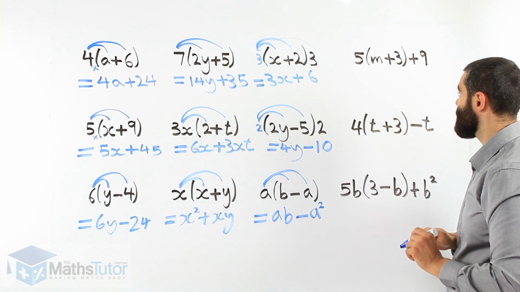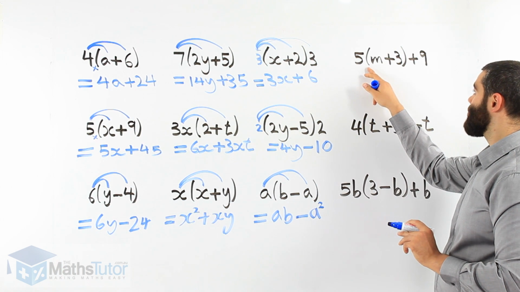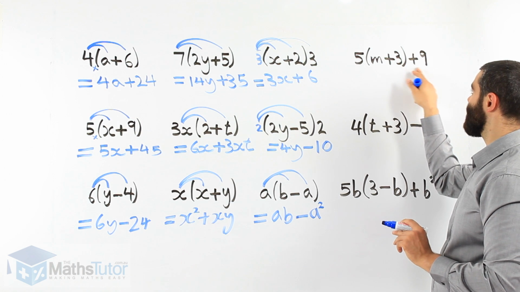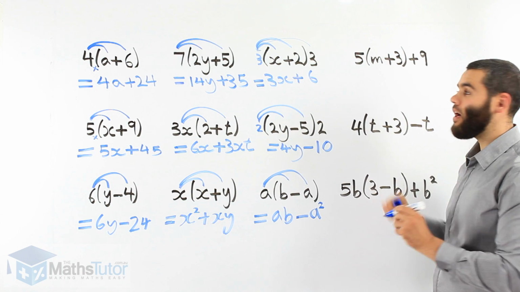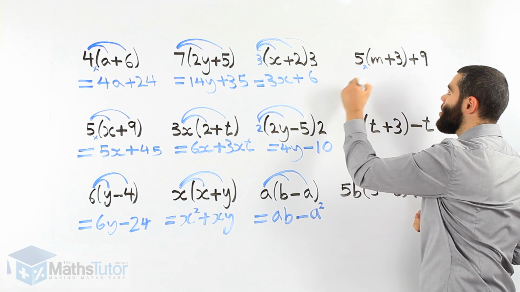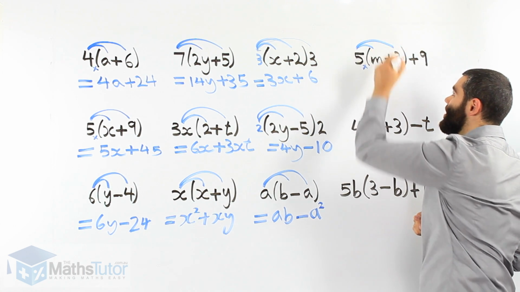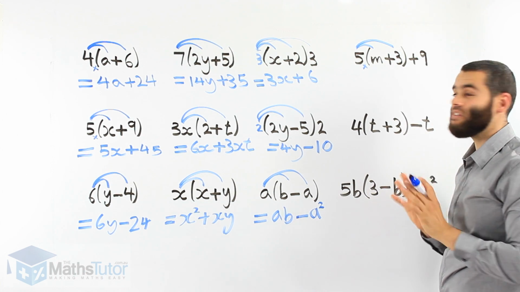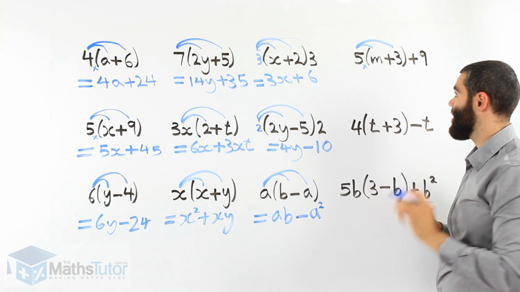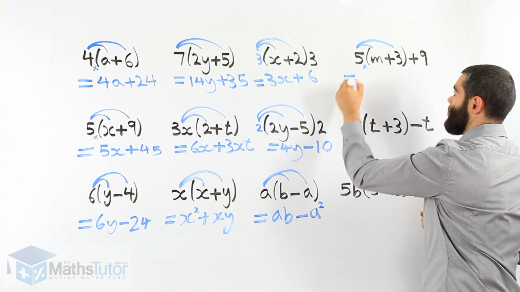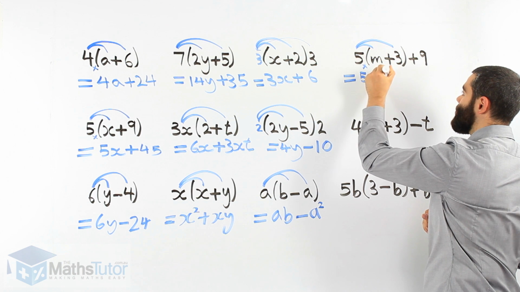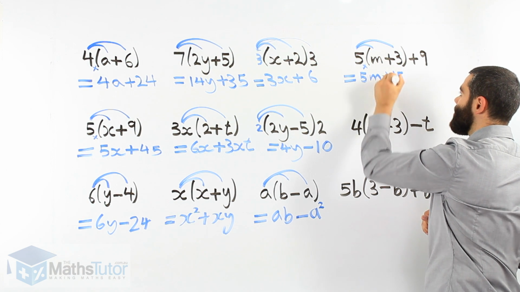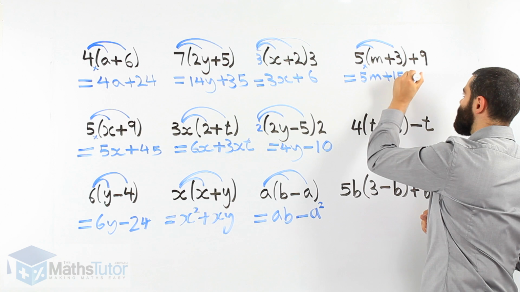Now here, we have 5, then open bracket m plus 3, close bracket plus 9. Very important that you notice that the 5 is multiplied, there's a multiplication here, by what's in the brackets only. Very important that you notice that. 5 times m, 5m. 5 times 3, 15. And then we bring down the 9.